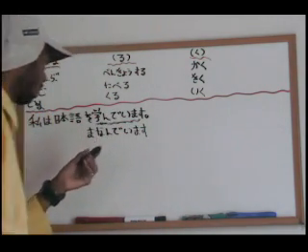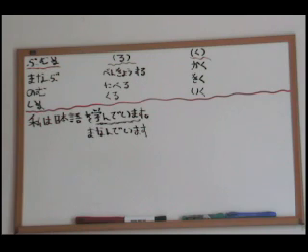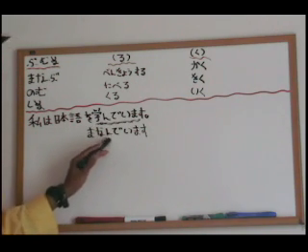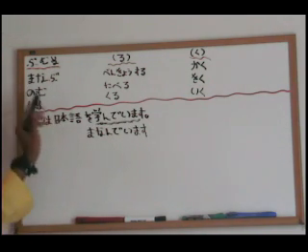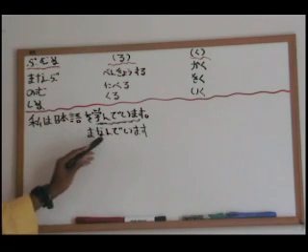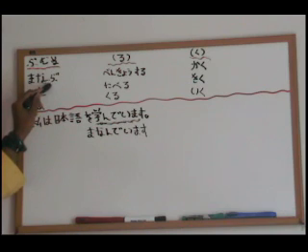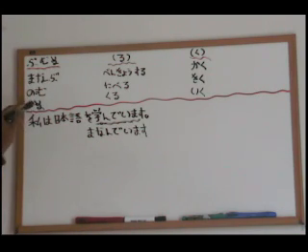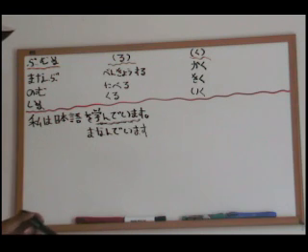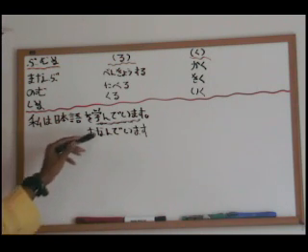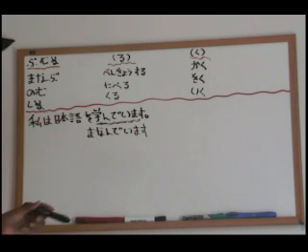So as you can see, manabu turns into manandeimasu. What you're going to do is take the last letter, and it's going to turn into an n. So manandeimasu, nondeimasu, shindeimasu. Okay? Manandeimasu, I am studying.